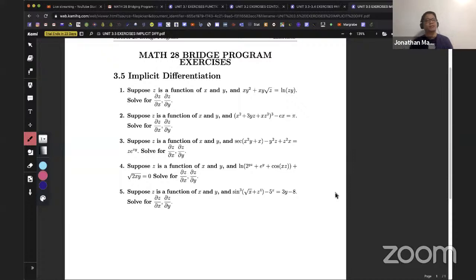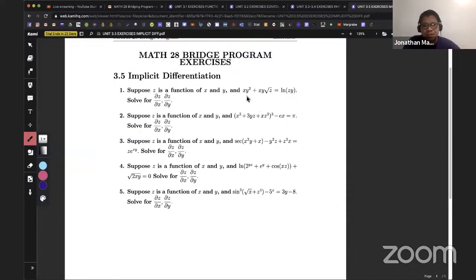Okay, and i-describe ko lang yung formula on how to get derivative using implicit differentiation. Okay? So sa implicit differentiation, let's say with number 1, z is a function of x and y. Okay? So we know that there is a function z with respect to x and y.